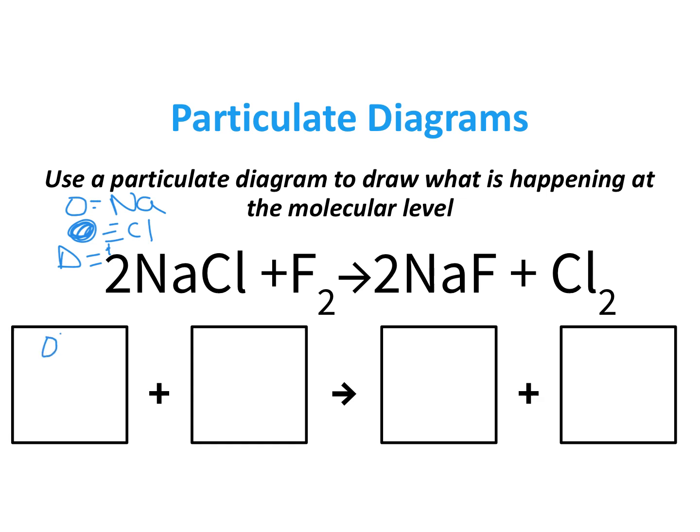So that's going to look like this. I have 1 F2. Those are my triangles, and it's diatomic, so it's together. I have 2 of the NaFs, so that's an open circle and a triangle. And then I have 1, I'm sorry, my chlorine's the filled in one, so it's 1 diatomic of that chlorine.